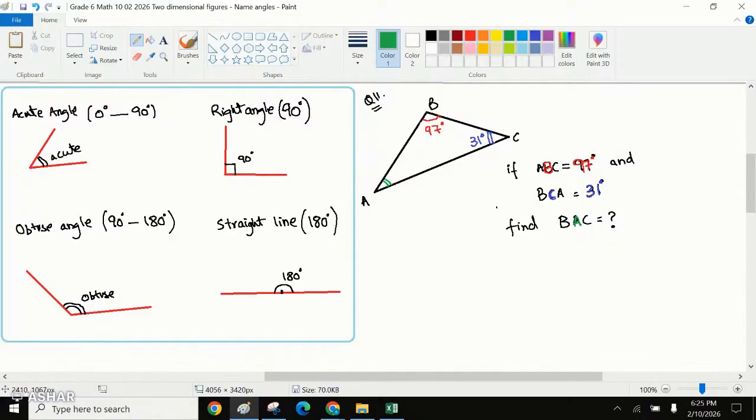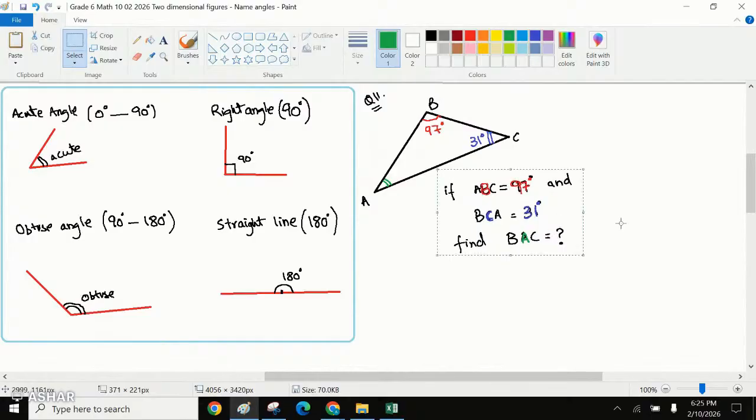Can anyone help me out? How can we find this missing angle? If anyone can help me out. Yes, perfect.